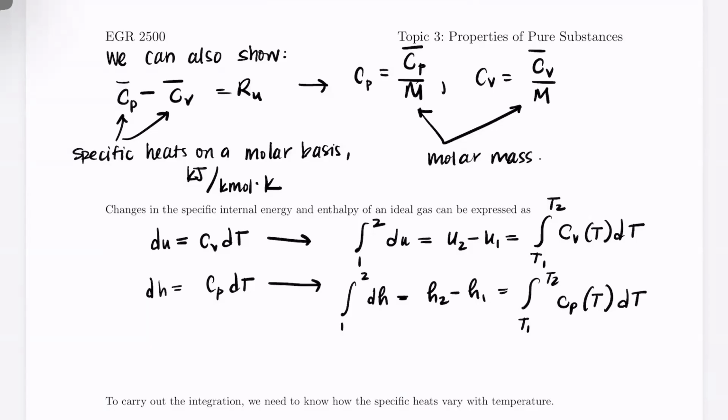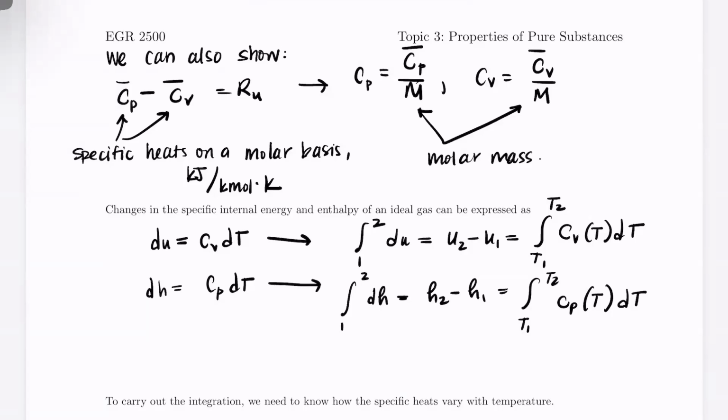Okay. So if we wanted to do either of these right-hand side integrals, we would need to know how the specific heats vary with temperature. We would need to know what Cp and Cv as a function of T actually are.